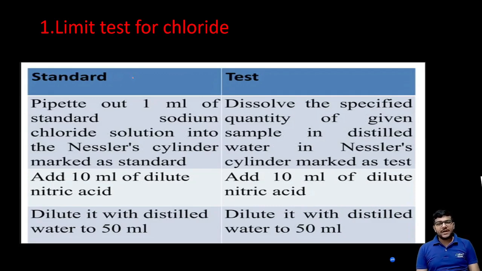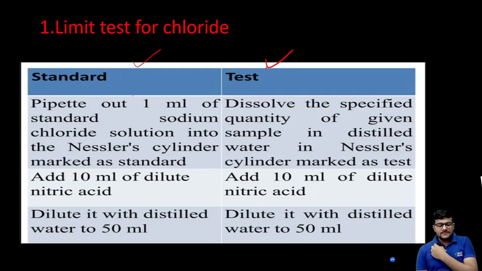We usually prefer the Indian Pharmacopoeia in our laboratory. The procedure to make the standard solution is given in the Indian Pharmacopoeia, and the test is on the sample whose limit test we have to do, and we have to compare this test solution with the standard solution.